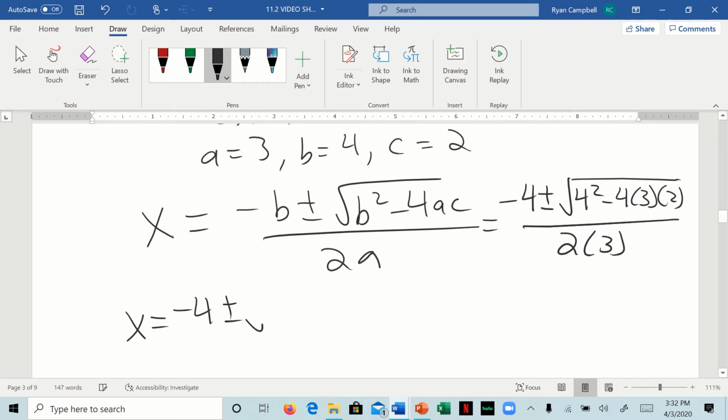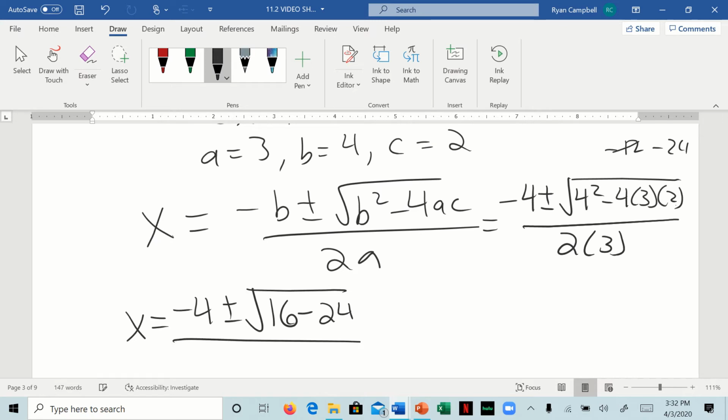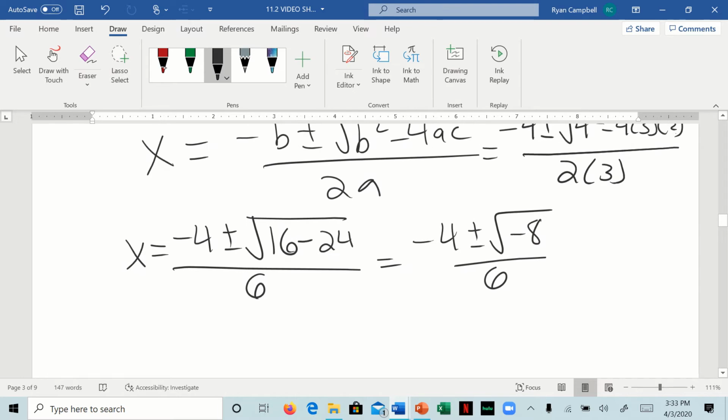So let's simplify. Negative 4 plus or minus the square root of 4 times 4, which is 16. Negative 4 times 3 is negative 12. Negative 12 times 2 is negative 24. So minus 24, over 2 times 3, which is 6. So negative 4 plus or minus the square root of negative 8 over 6. Oh, wait a minute. We have a negative sign inside a square root.